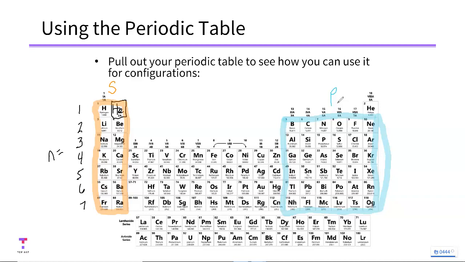So the part of the P block starting with boron, that would be the 2p block. Second energy level, P sublevel. The block starting with gallium, Ga, that would be the 4p block. Energy level 4, block of elements in the P group.